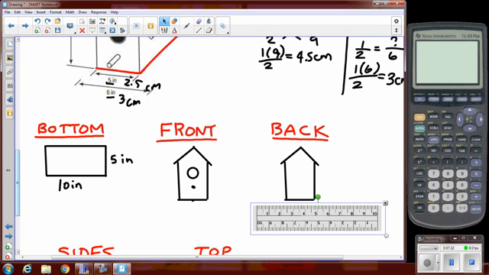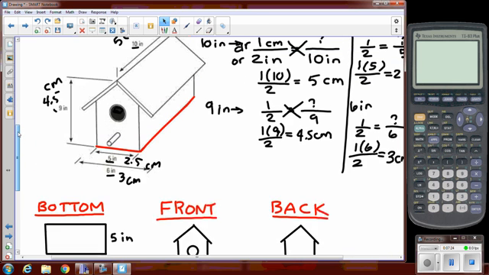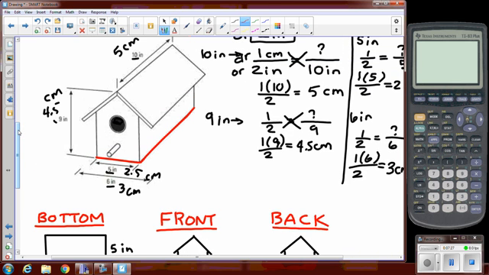Now the sides, if we were looking at the side of this birdhouse, it's still going to be 9 inches to the top of it, and it's going to be 10 inches deep. So we'd be making it the 5 centimeters in our drawing and the 4.5 centimeters tall in our drawing.